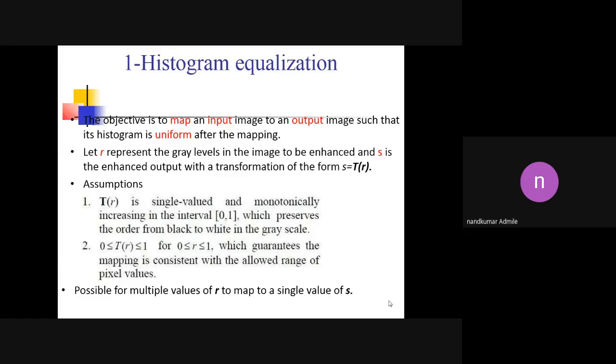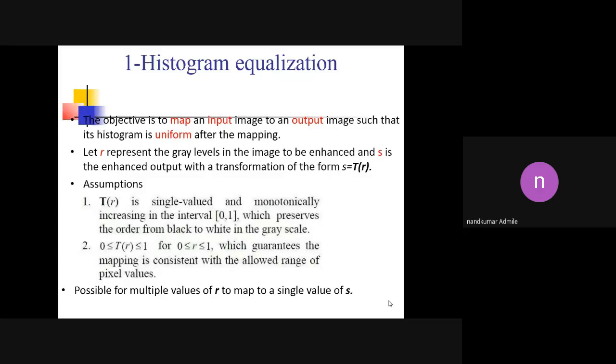If we take an image that consists of darkness or is not able to be visualized properly, then we can equalize the number of pixels. After histogram equalization, the image will look more clear as compared to the input image.